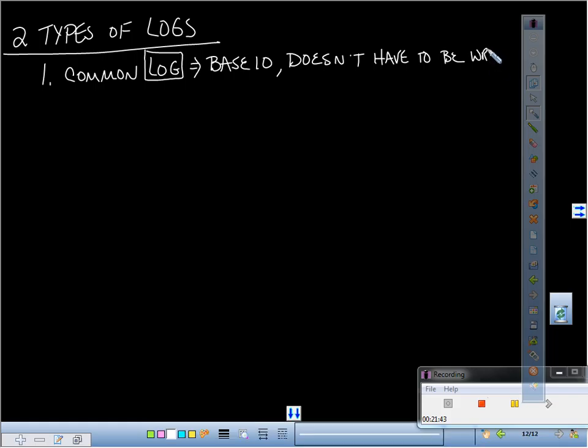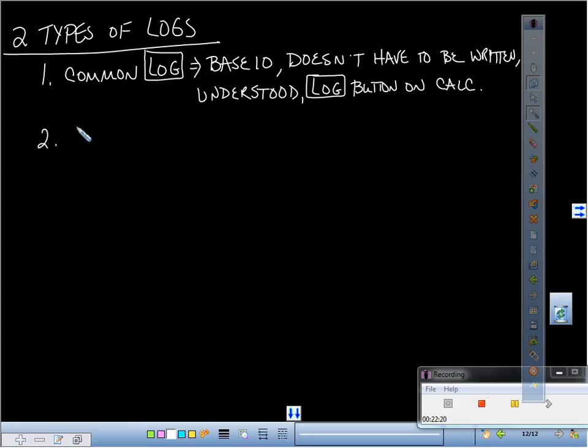It is understood, very much like a square root. Do I have to write the 2 as an index number? No, you don't. If you don't have an index number, you know it's a square root. It is the LOG button on your calculator. So could I have used my log button on my calculator to work any of those problems that we just did? No, you couldn't have, because they're not base 10.